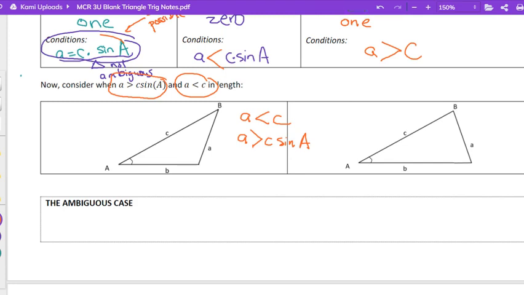So if these two things are true, it means we've got an ambiguous case, meaning we've got two triangles that can be formed. One of those triangles is an obtuse triangle. Agreed? An obtuse angle. And the other one is going to be an acute triangle.